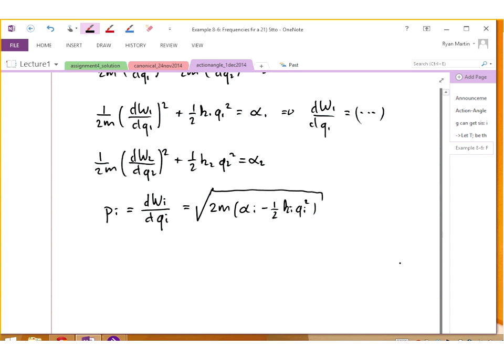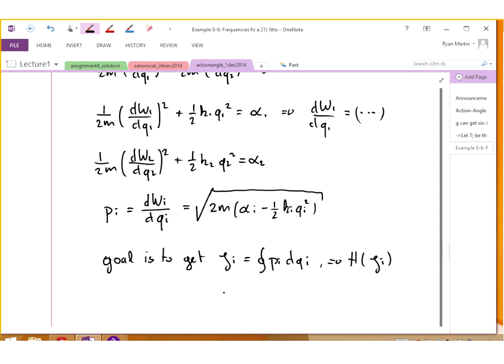That's why I wanted to write p_i in terms of q_i, so that we can write eventually the Hamiltonian as a function of the J_i. So I need to integrate this function p_i, the square root of 2m(α_i minus a half k_i q_i squared), over q_i. Okay?